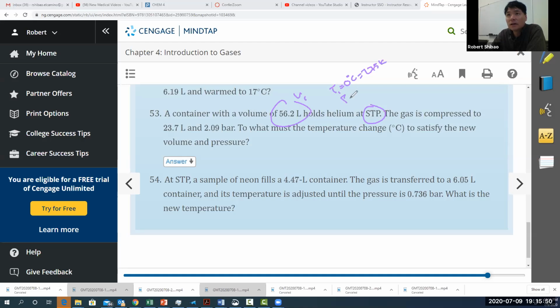And P1 is, okay, they're using the metric one, which is 1 bar. 1 bar and 1 atmosphere are almost the same. Bar is a little bit smaller. If you recall, 1 atmosphere is equal to 1.01 bar, which is 3 sig figs.